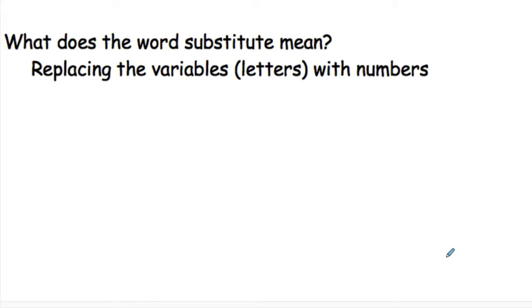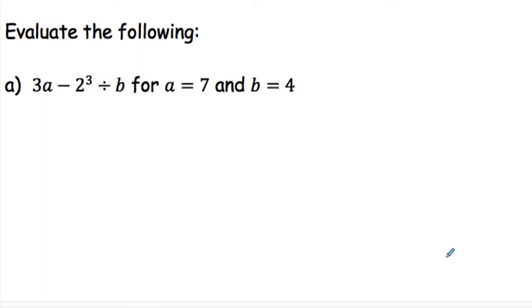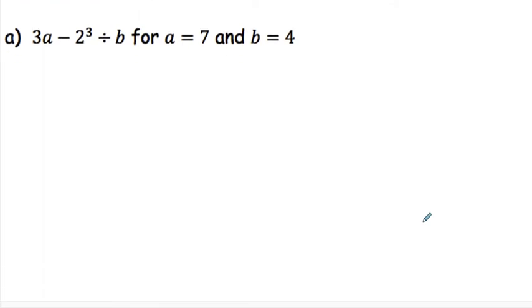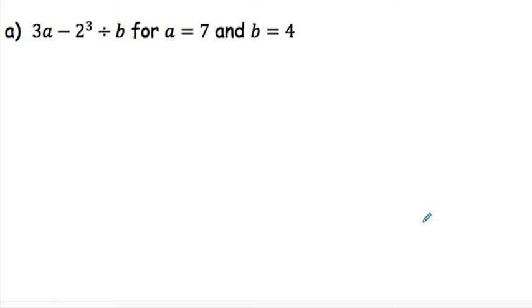Okay, so that's what we're going to do here. We're still doing order of operations, but we're going to start off with our first step being substituting in a number for a variable. So let's go through a couple of these here together. Now what I will do is help it look a little bit easier for you. So let's say a is going to be my red number, and then b is my blue number.